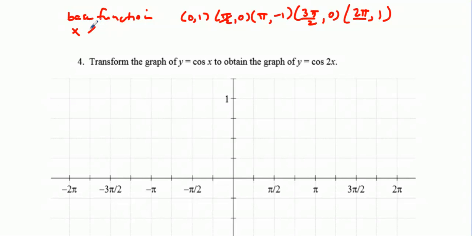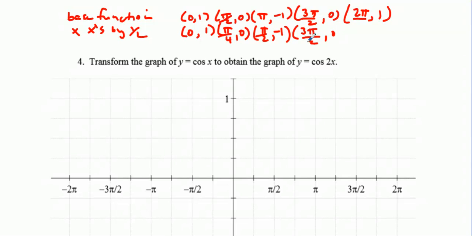Okay, so that's going to be 0, then pi by 4, then pi by 2, then 3 pi by 4. Really what I'm doing is multiplying the bottoms by 2. And if I multiply that bottom by 2, I get pi.